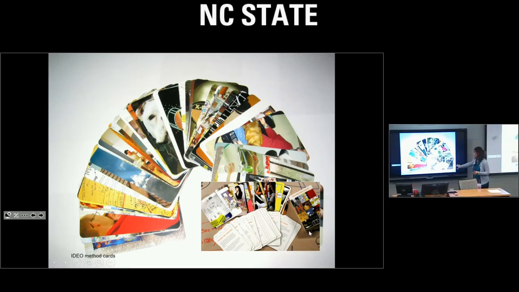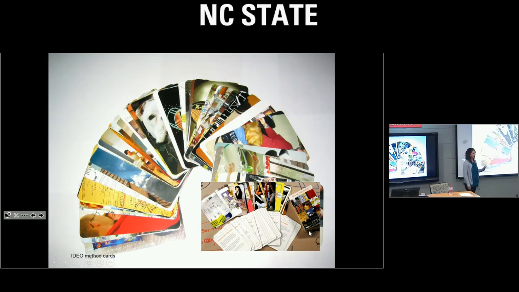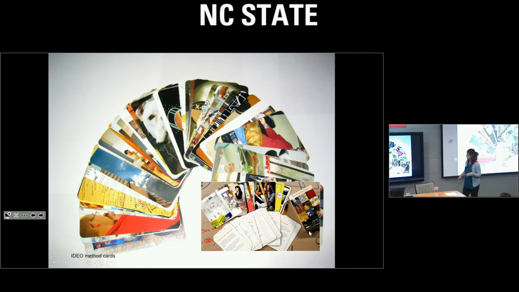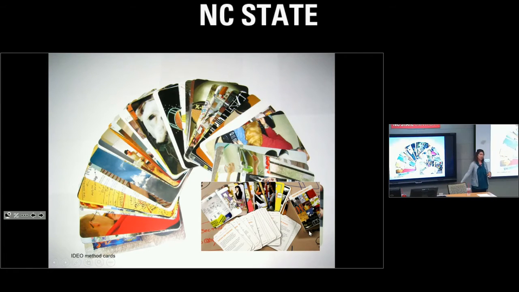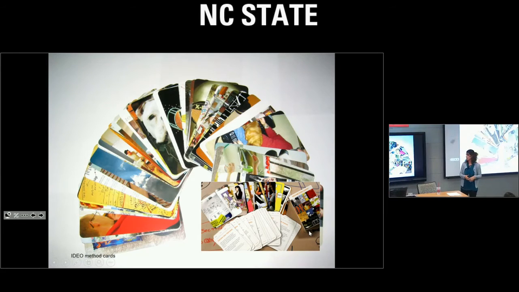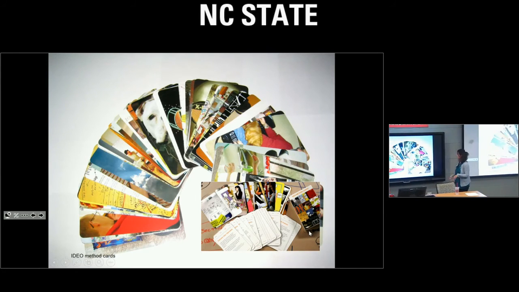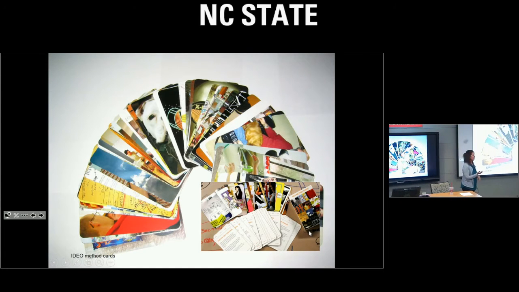IDEO has come out, and I already mentioned this, we talk about them throughout because they really have been pioneers in making design thinking accessible. They've come out with these method cards. They're over in the design library. I've posted some of them on Moodle, the ones that are particularly relevant to this first assignment. There are a lot of different ways that you can learn.